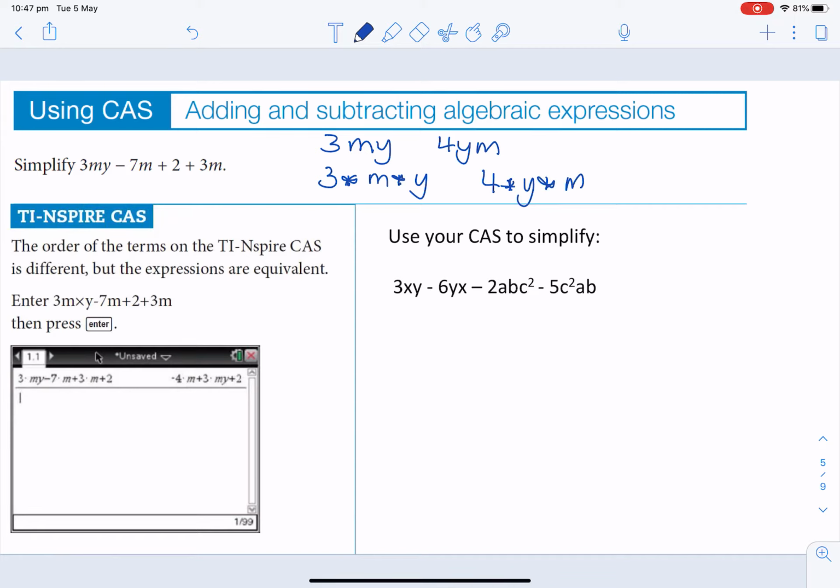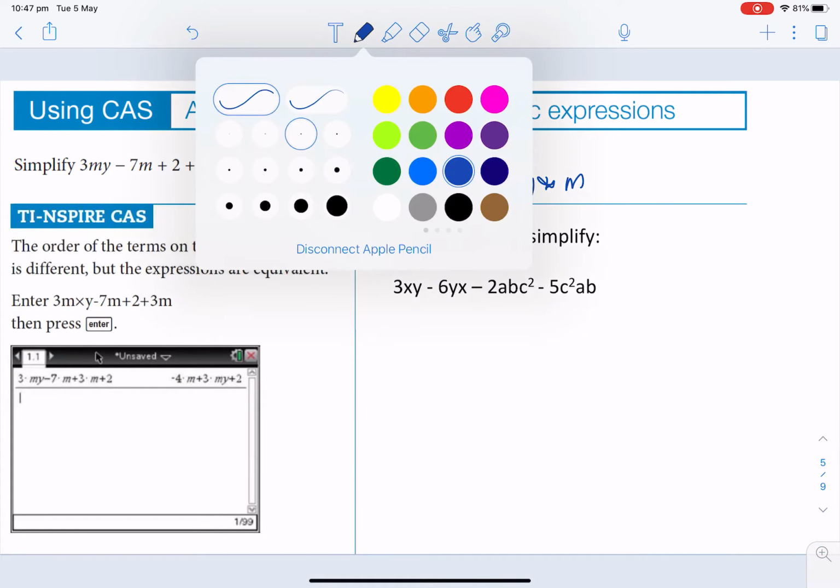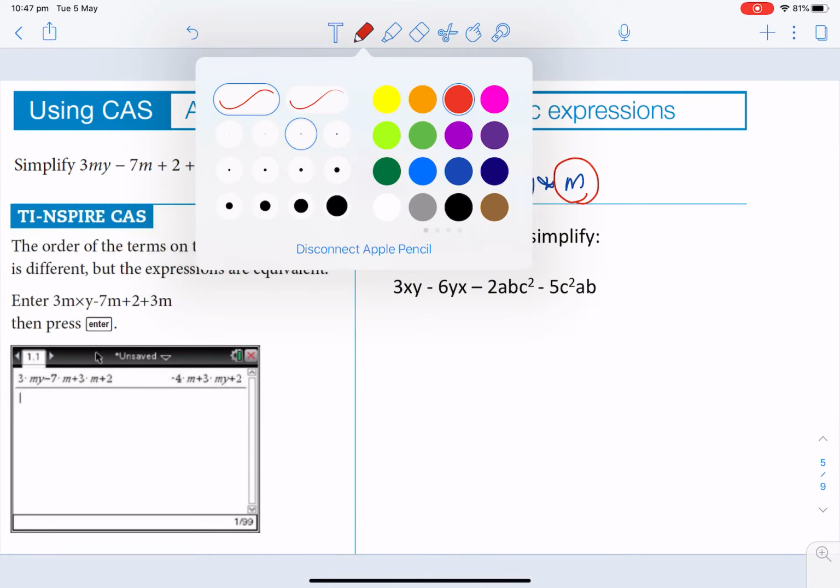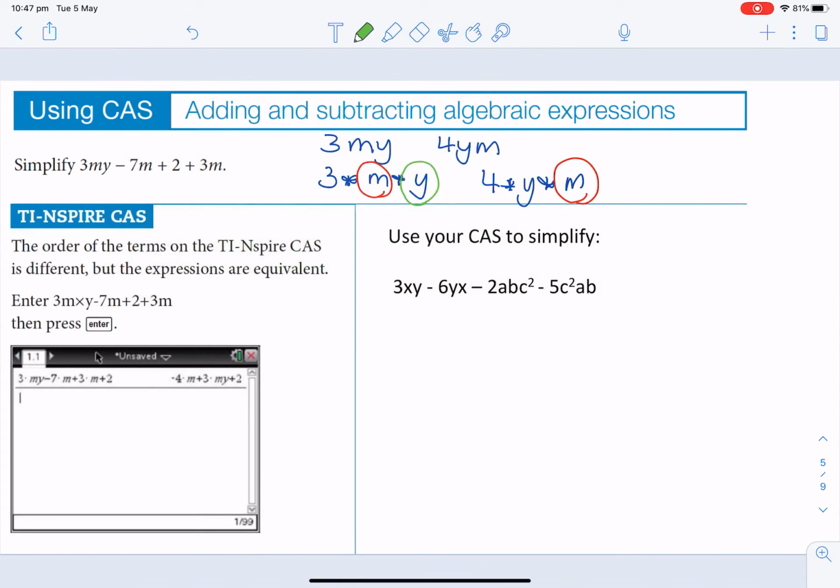This would then recognise all those pronumerals, or letters, as being the same letters. Even though the coefficients, the numbers at the beginning, are different, it doesn't make a difference. It's about those pronumerals, so this m is the same as this m, and this y is the same as this y. We put a multiplication sign in between each of the coefficients and the pronumerals.